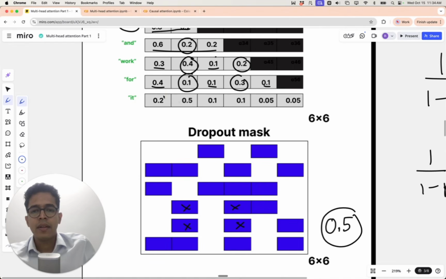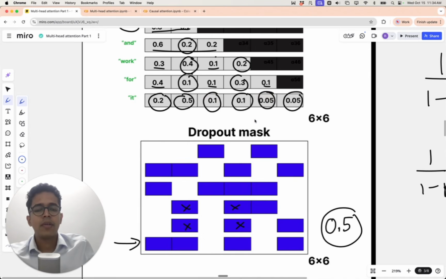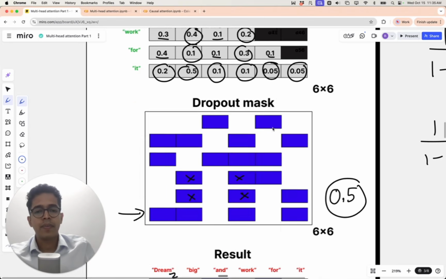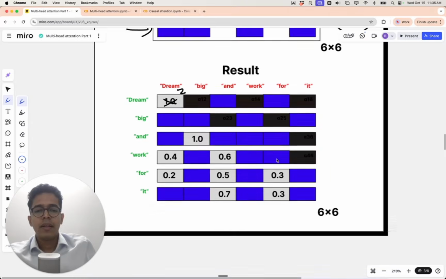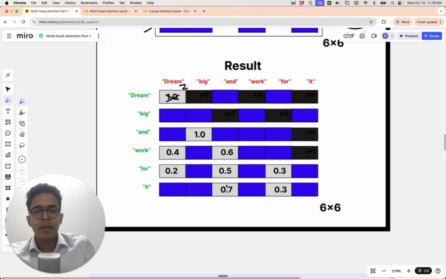Then in the final row, this and this are gone according to the mask of the final row, so the remaining items will be scaled up by 2. That is the final output that you get from a dropout mask. This dropout mask was implemented to prevent overfitting. Now, in the result, we will not have these numbers. We will actually have numbers that are scaled up by 2.